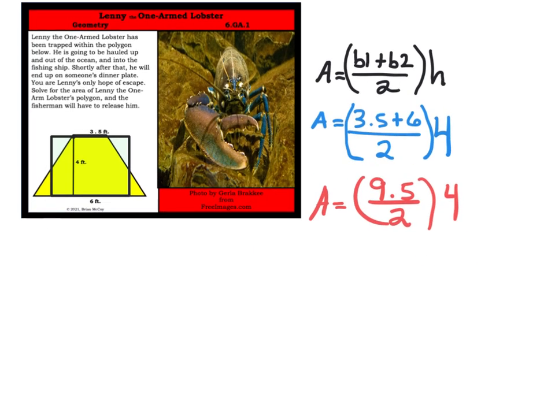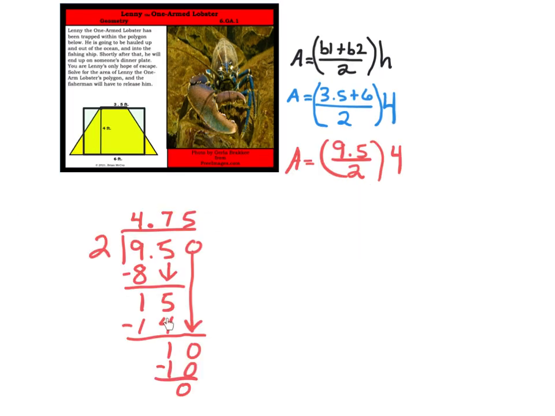Let's do the next step, and that is to take 9.5 and divide it by 2. And I did my work right over here. So I took 9.5 divided by 2, and I did all my work here, and you end up with 4.75, right, once you divide those. So now I can write in here 4.75.